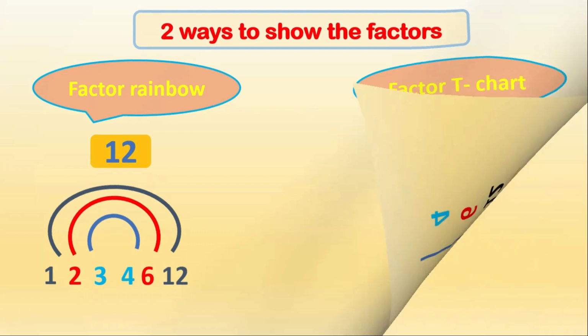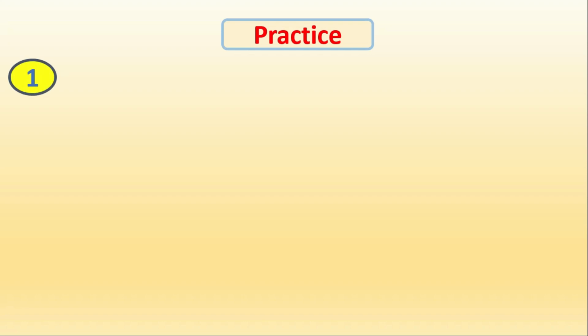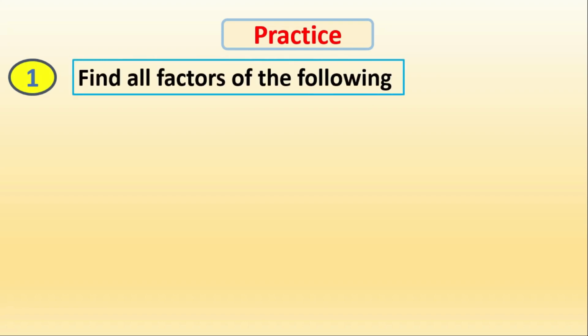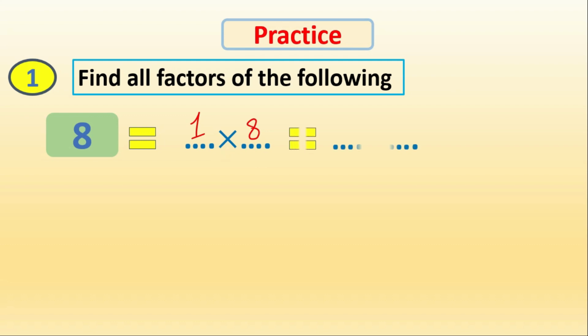Okay, now let's have a practice. Number 1, find all factors of 8. 8 equals what times what? Ask yourself, 8 equals 1 times what? 1 times 8. Do you have any other factors? Yes, we have 2 times 4. Do you find any other factors?